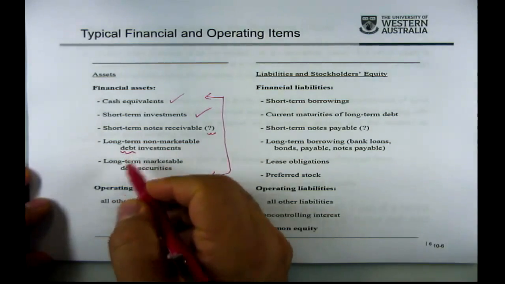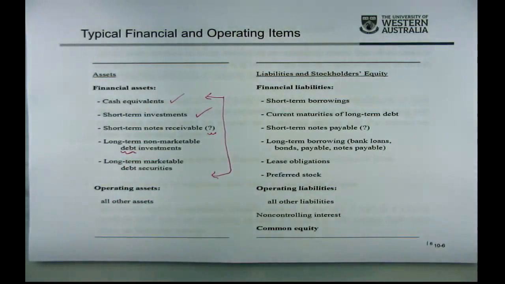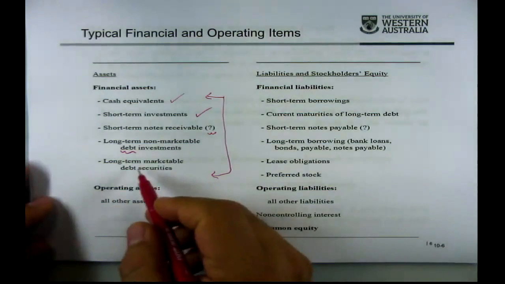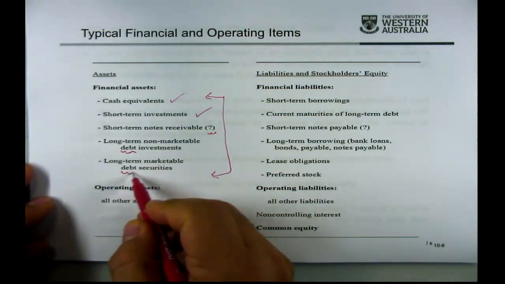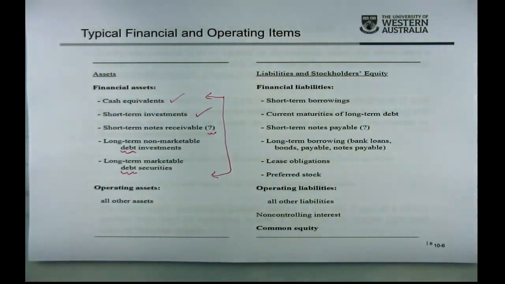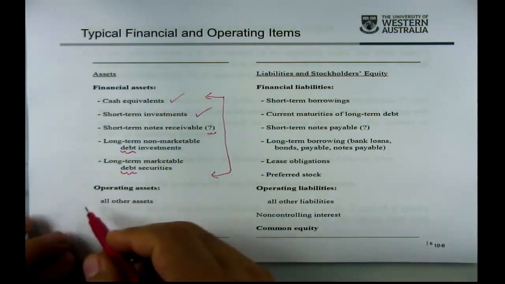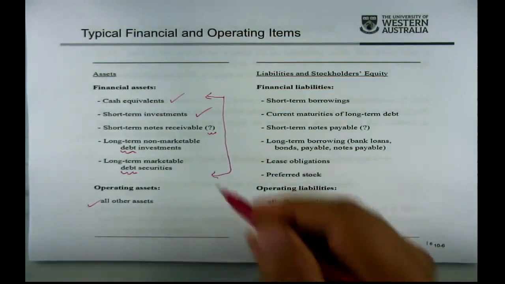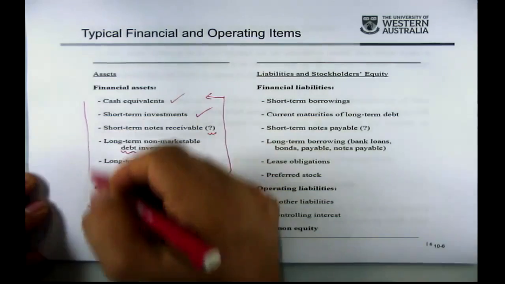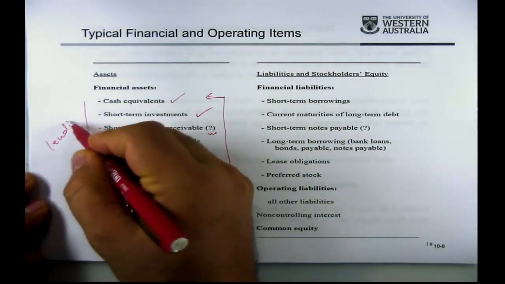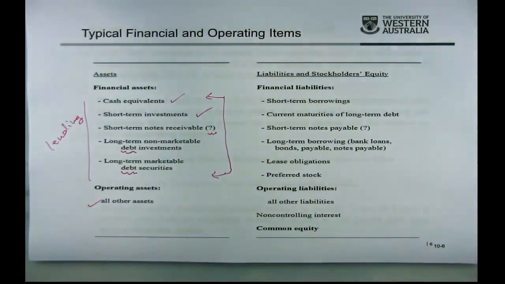The word debt is enough to tell us that it is a financial asset. And we have also long-term marketable debt securities. Again, the word debt is enough to tell us that it is a financial asset. All other assets are to be treated as operating assets. As you can see, all of these items have the nature of lending.